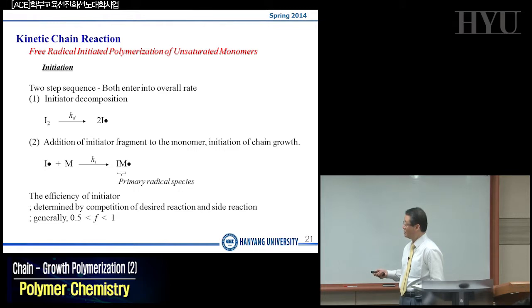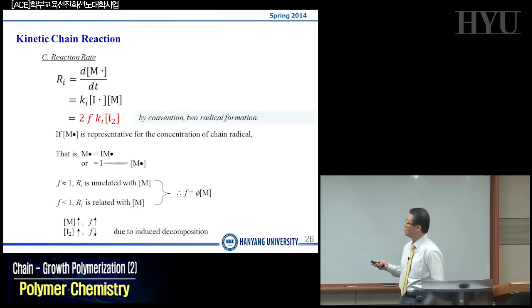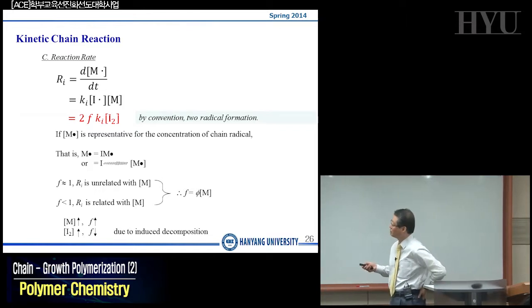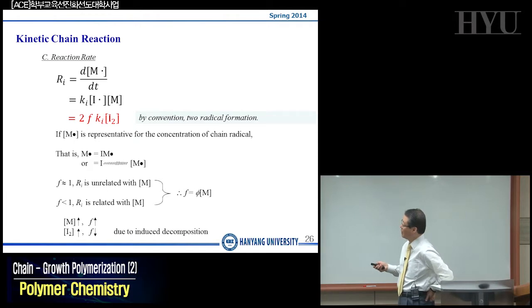So Ri here is equal to Ki times I dot and M, okay? Right? But we have to think about the F, and should include F here, but I dot and M.